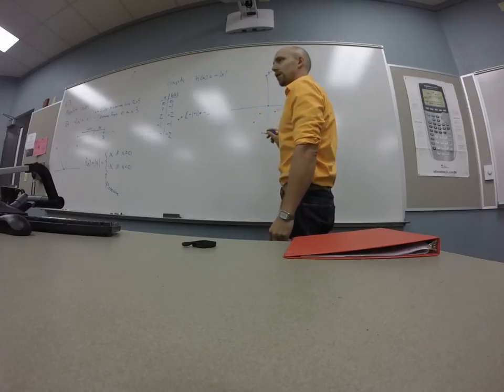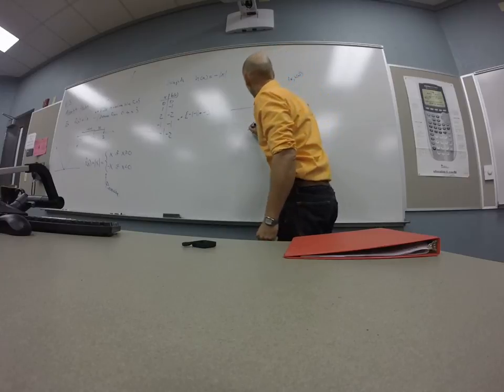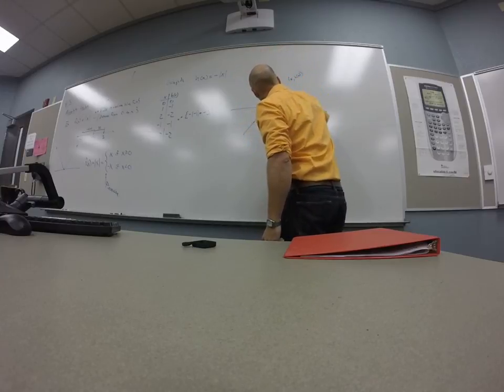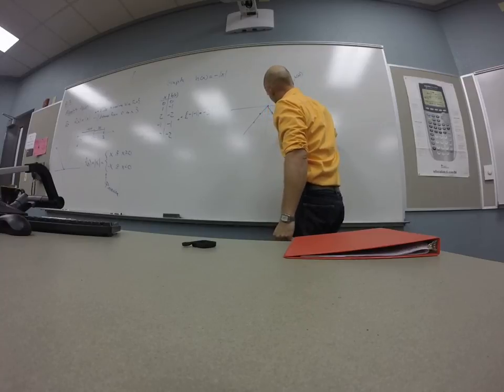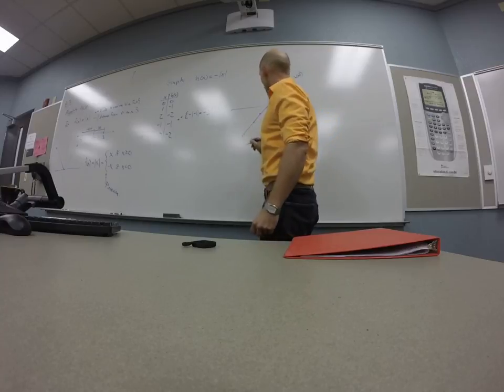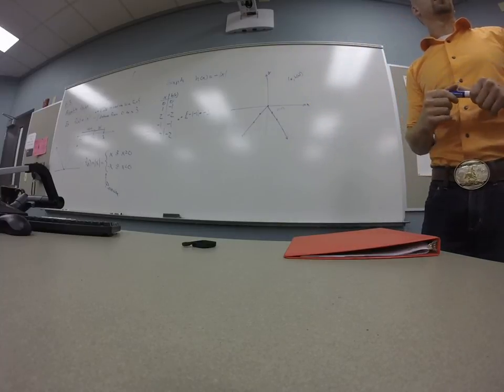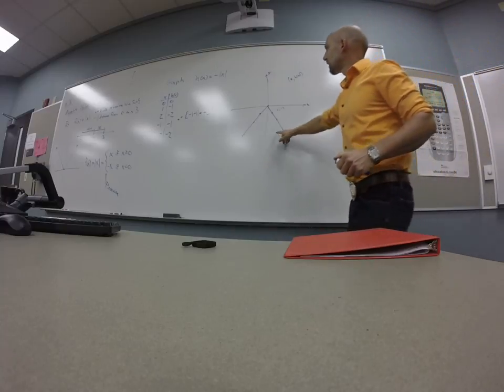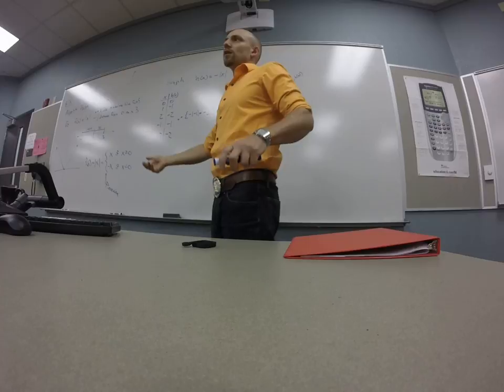So what does this look like? Other than sloppy graphing, this should look like a V pointed upside down. You guys see this? So this thing looks like that one, but flipped over, right?